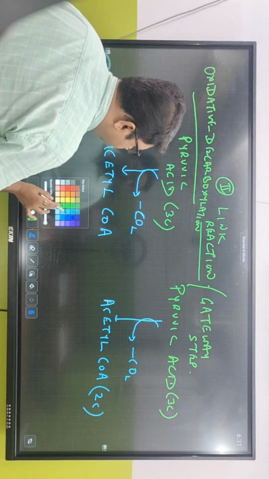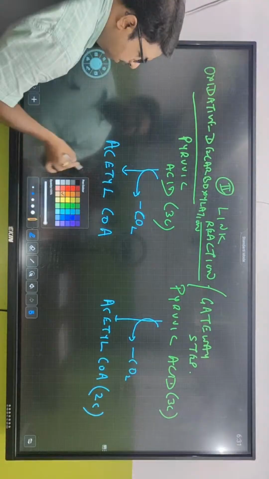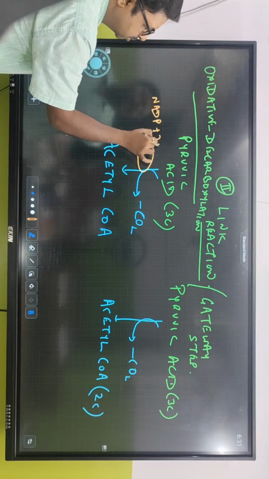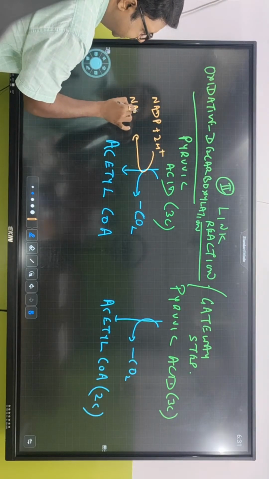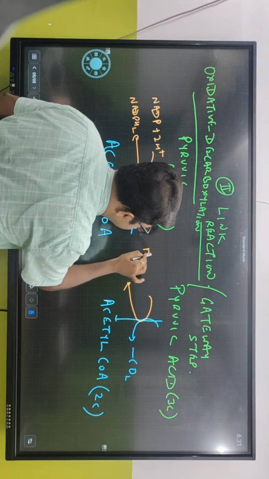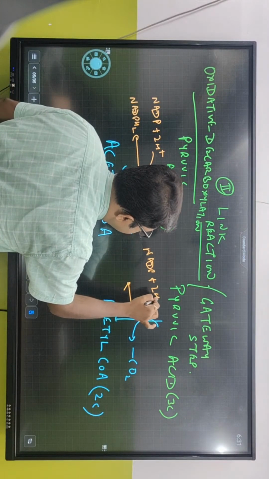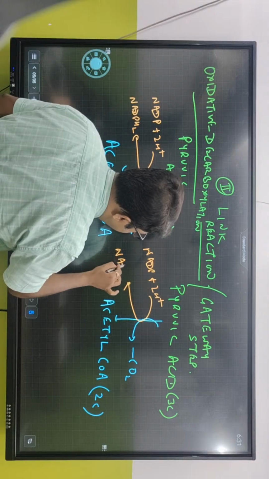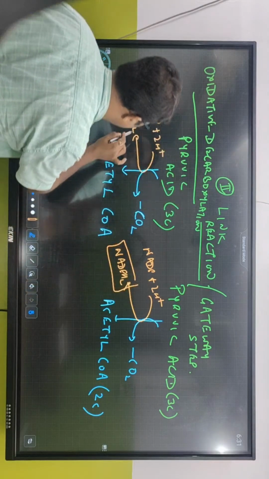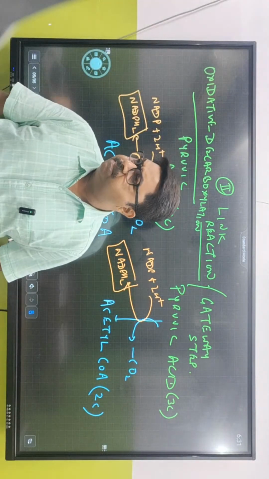So what is going to come out from here? During this process, 1 NADP is going to bind with 2H plus to make what? NADPH2. Again over here, the same process will take place. NADP plus 2H plus is going to make NADPH2. So 2 of the NADP is being formed.